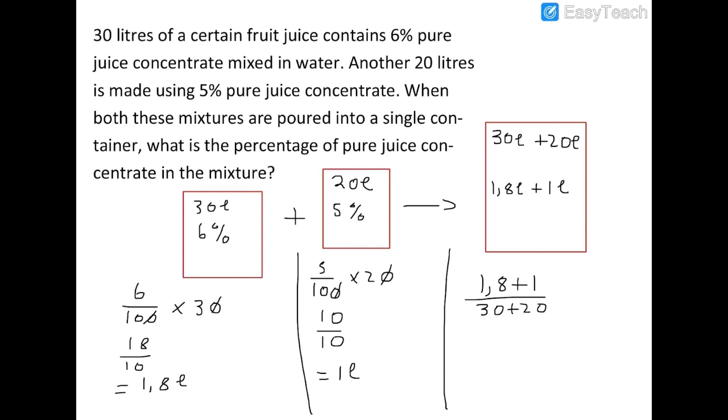Okay, but we need to multiply this by 100 since we want the percentage, and this will be equal to 1.8 plus 1 is 2.8 divided by 50 multiplied by 100, so that cancels that. 10 divided by 5 is 2, so we get 2.8 multiplied by 2, which will give us 5.6% as our answer.